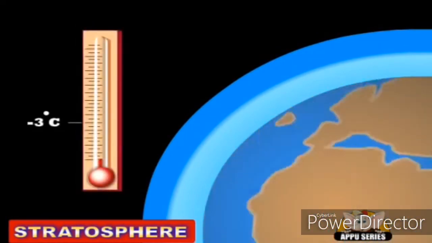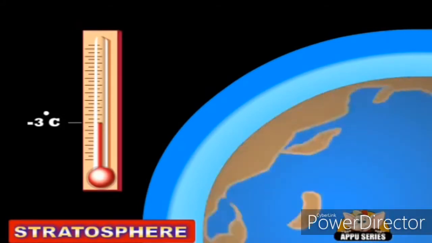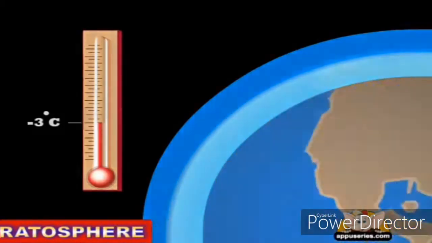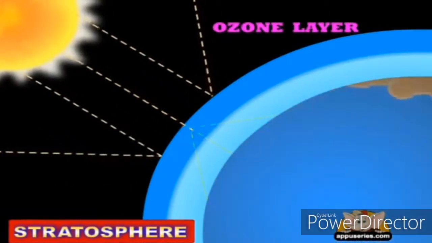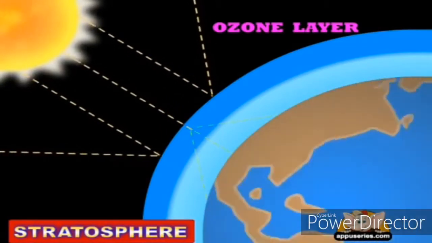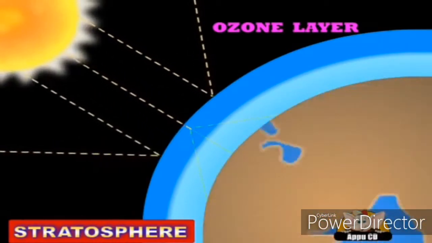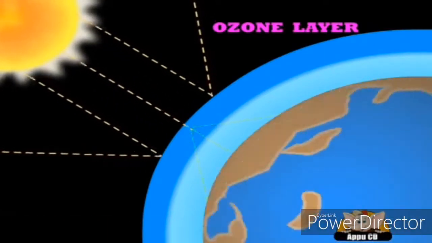The temperature in this region increases gradually to -3 degrees Celsius due to the absorption of ultraviolet radiation. The ozone layer, which absorbs and scatters the solar ultraviolet radiation, is in this layer. 99% of air is located in the troposphere and stratosphere.